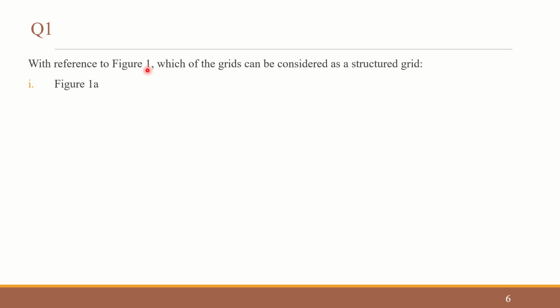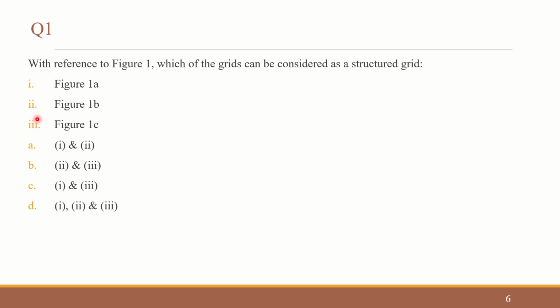Option 1 figure 1a, option 2 figure 1b, and option 3 figure 1c. These 1, 2 and 3 are not options, they are sub-options. A: 1 and 2, B: 2 and 3, C: 1 and 3, D: 1, 2 and 3. Basically 1 is 1a, 2 is 1b, 3 is 1c.